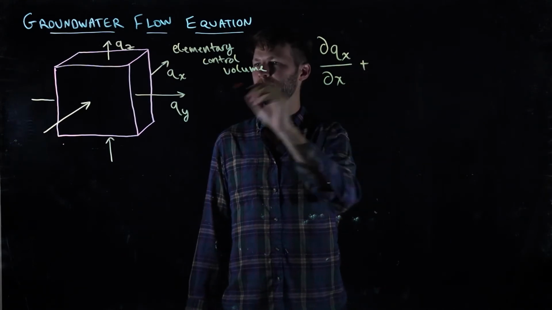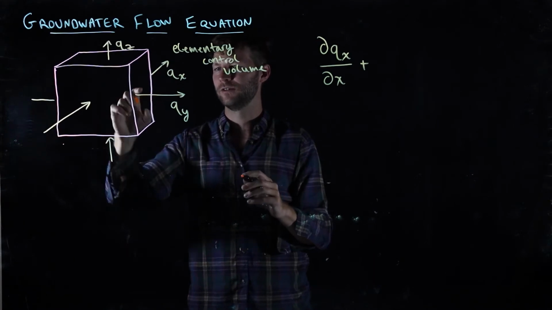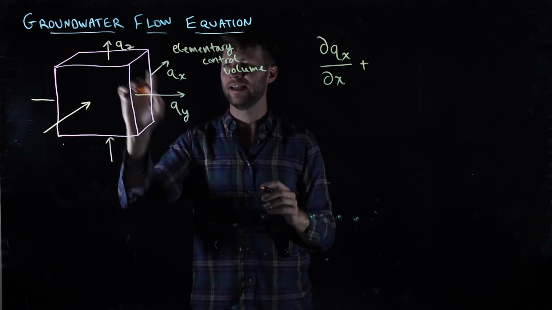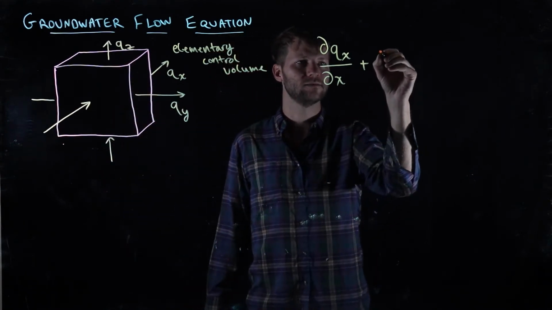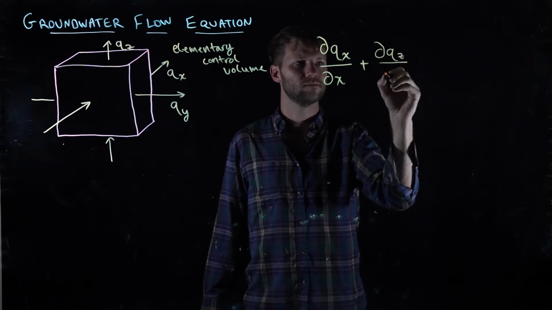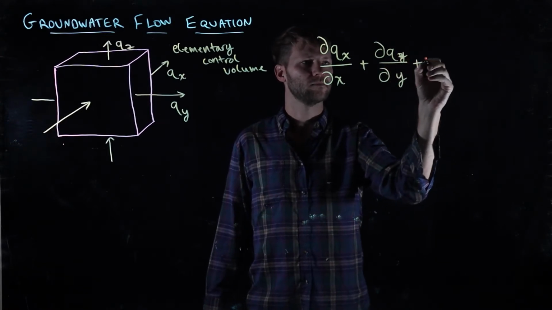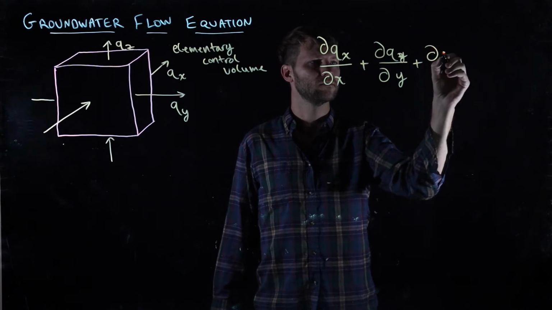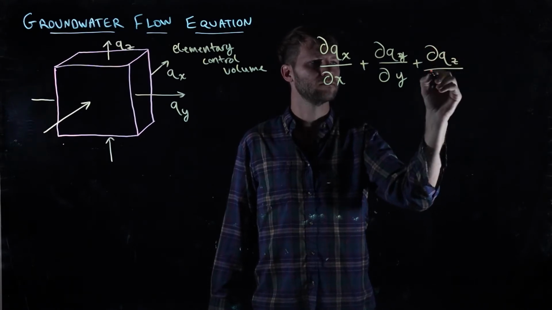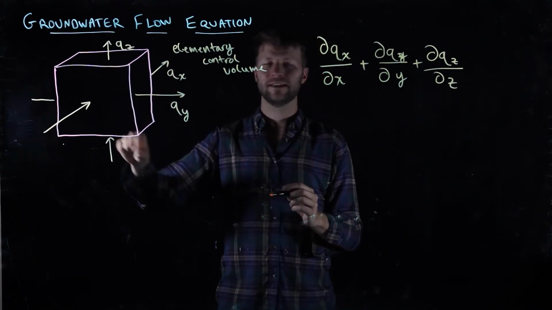And we're going to add it up in each direction. So we're going to consider the spatial gradient in flow in the X, the Y, and the Z direction. So this is describing the output minus the input.